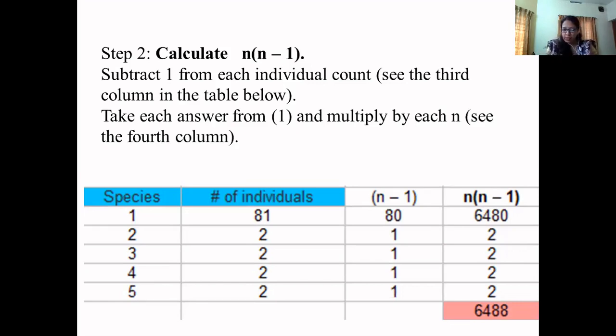It shows 81 individuals and n minus 1 means 81 minus 1, that is 80. On the right hand side, you can see small n into n minus 1. So 80 into 81, we get an answer of 6480. As we sum up the small n into n minus 1 values, we get sigma n into n minus 1, and the value is provided here, that is 6488.